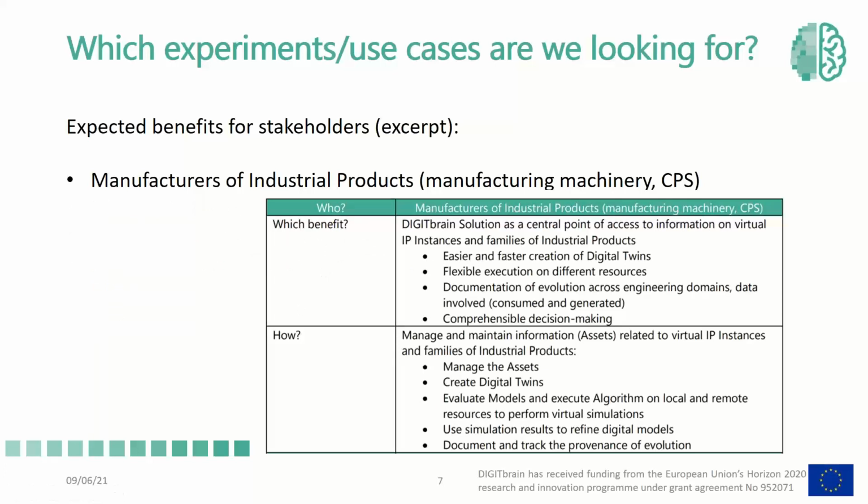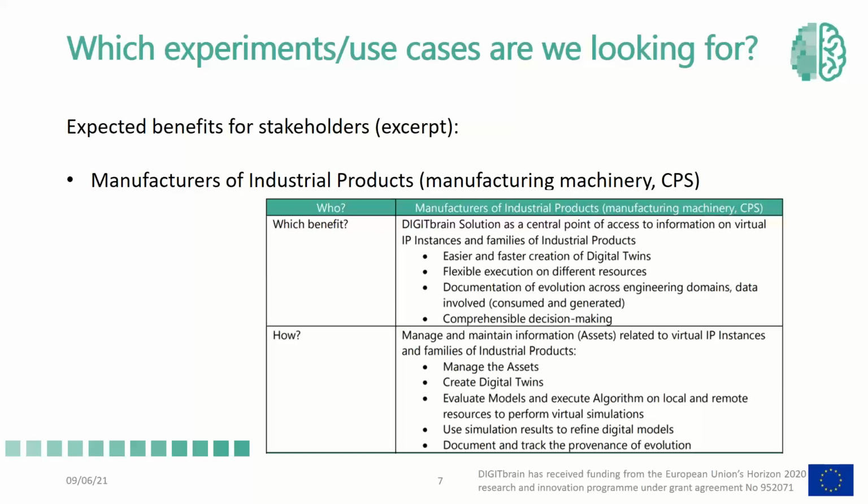How can they benefit? I don't have the time to go into the details here, but I recommend reading the technical documents that elaborate a little bit more on the different stakeholders and which benefits we would like to see that the experiments are trying to achieve and how they can achieve them.